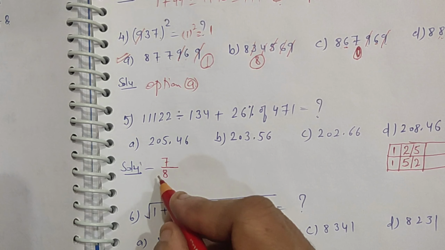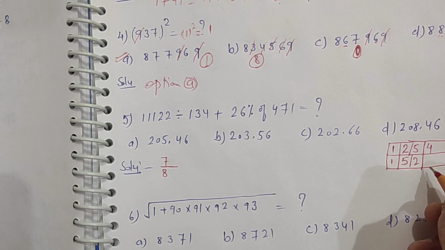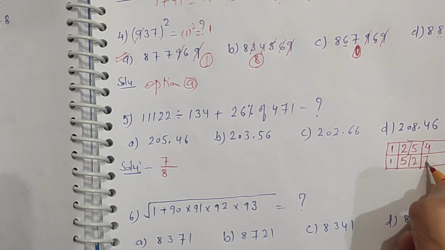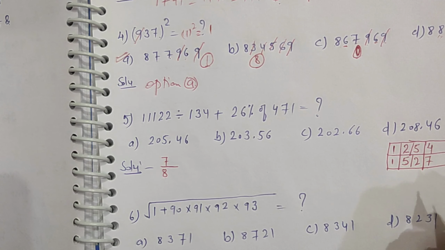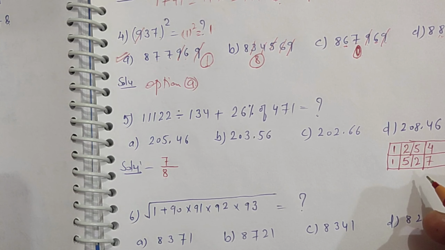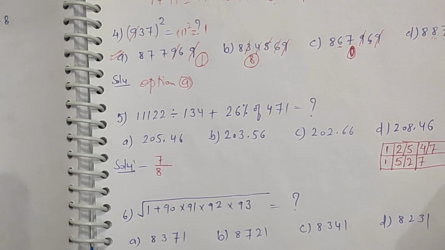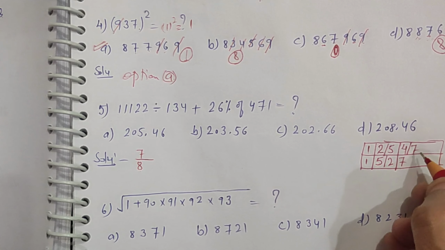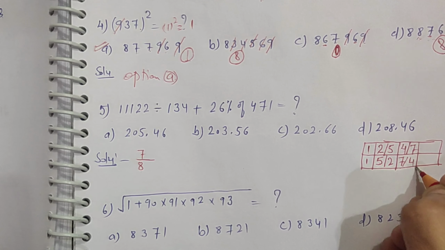Suppose in the denominator there is 4. Then how can you make it 10? By multiplying it with 7. 4 into 7 is 28. 28 means 8 plus 2, 10, and that is 1, right? Similarly, if there is 7, then you can choose to make it 10 by multiplying it with 4, right?